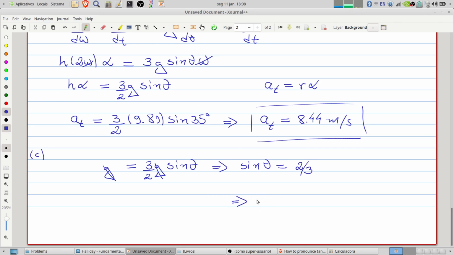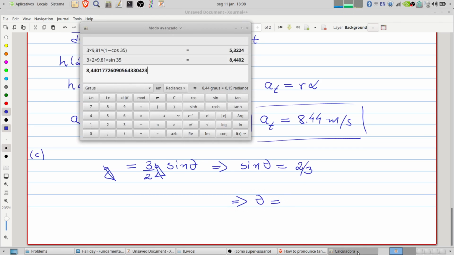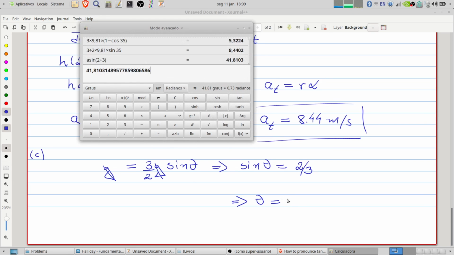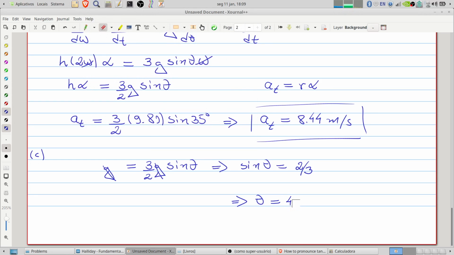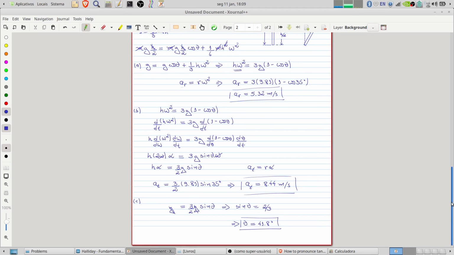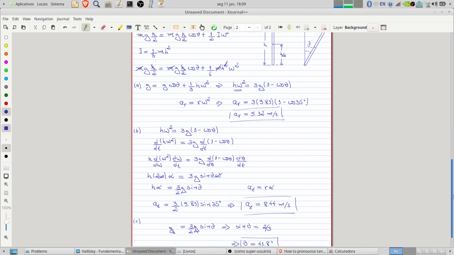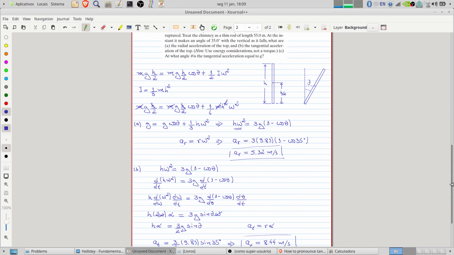Therefore, the angle equals the inverse of the function sine of 2 divided by 3, which is 41.8 degrees. And here we have the problem. The problem is solved.